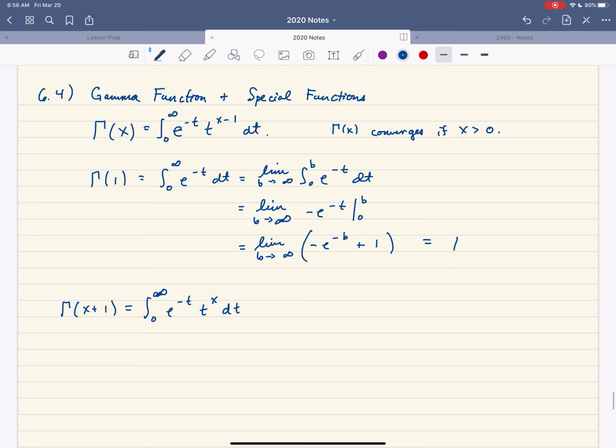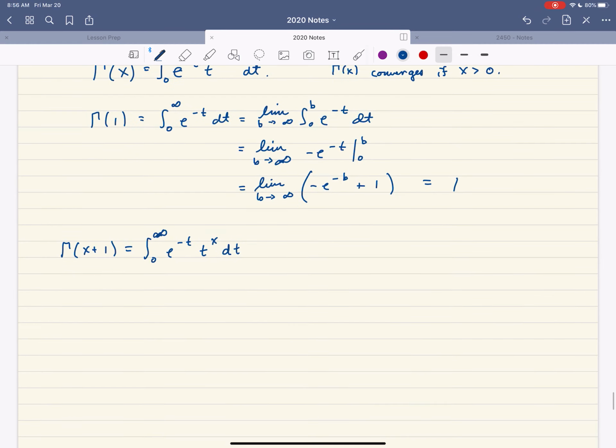Okay, and so that's the integral that we're going to have to deal with. And we're going to do an integration by parts. Remember that our formula for integration by parts is that we have the integral of f prime times g, so that's fg minus the integral of f g prime.